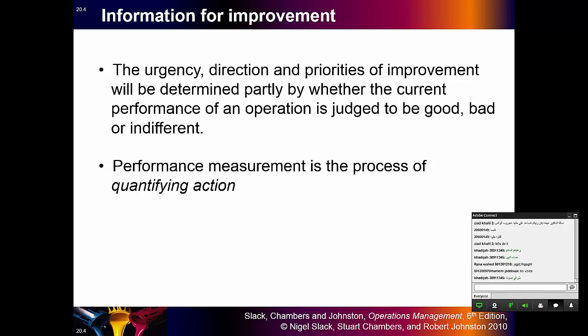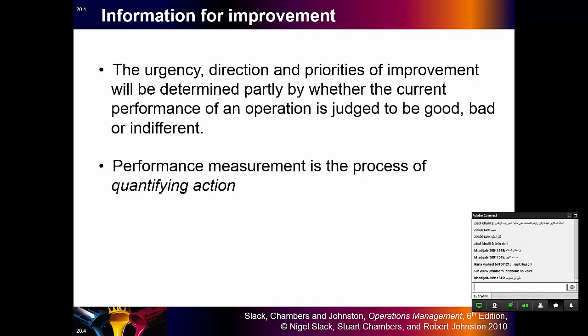So by quantifying the action or by quantifying the processes, we know exactly where we are in the operations, comparing to all the organization or comparing to other organizations.